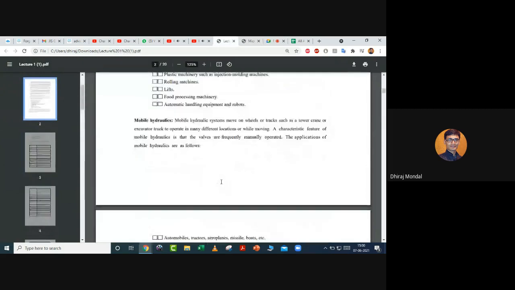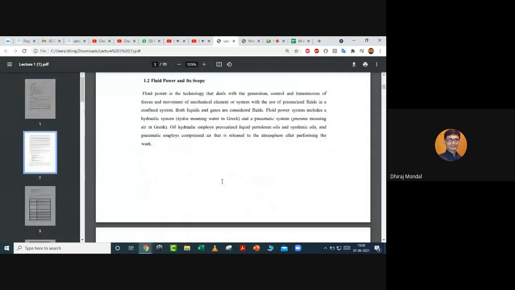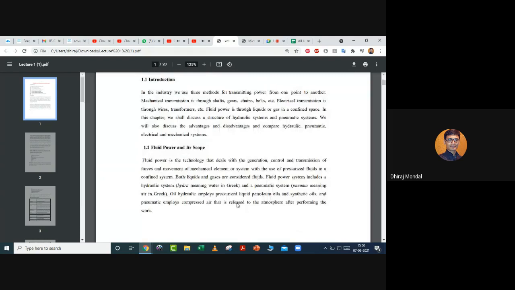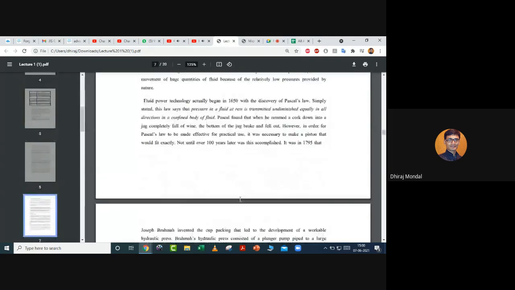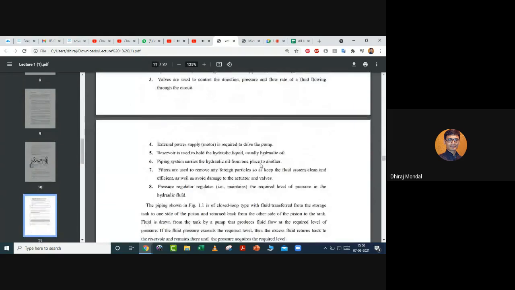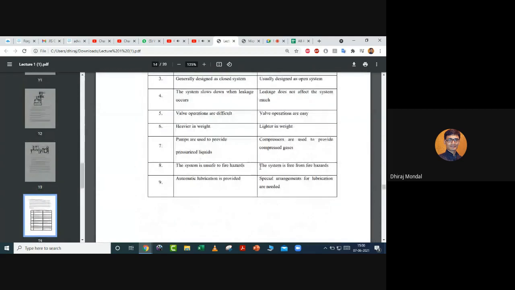This part should not be written. From the introduction part, all these you have to write, and after that draw these two diagrams and explain them. So this is your experiment number 1.